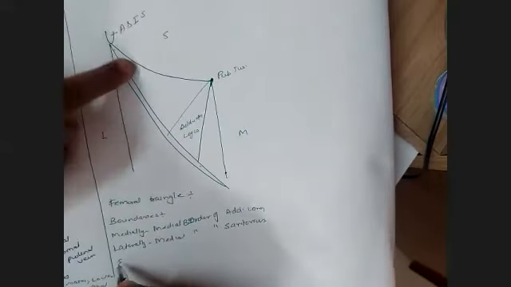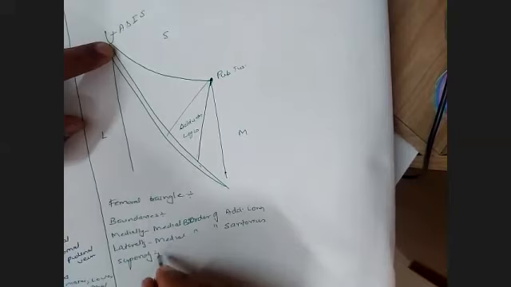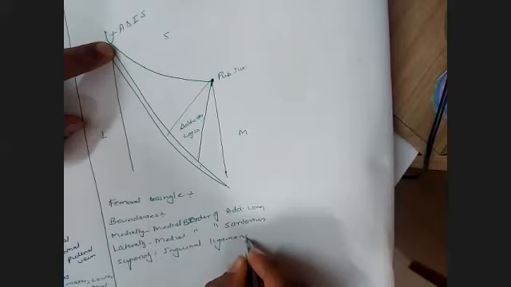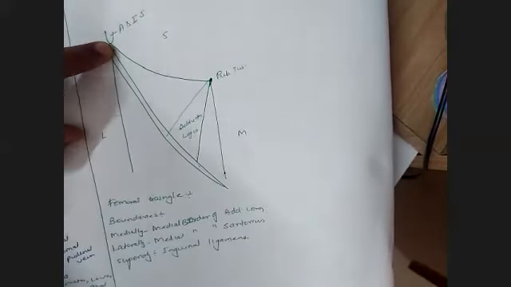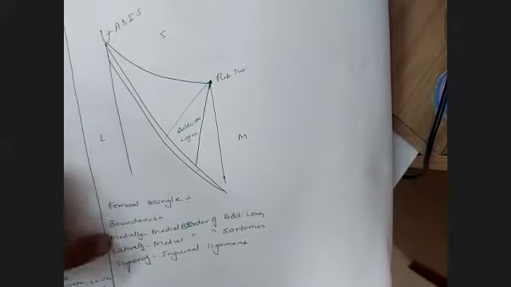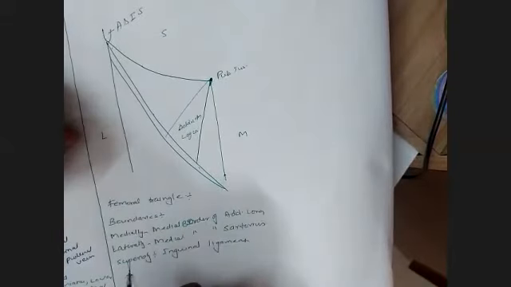And superiorly, the upper part, it is formed by the inguinal ligament. So, in short, these are the three boundaries forming the femoral triangle.